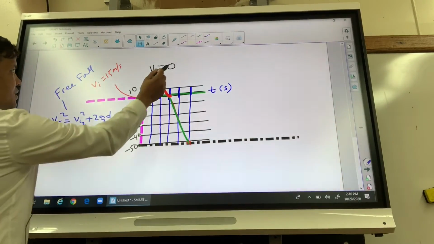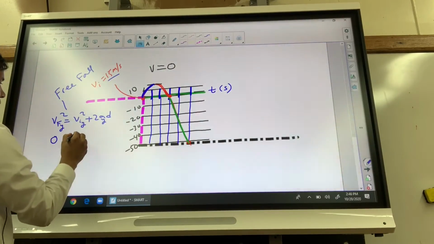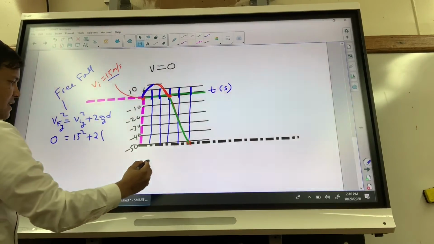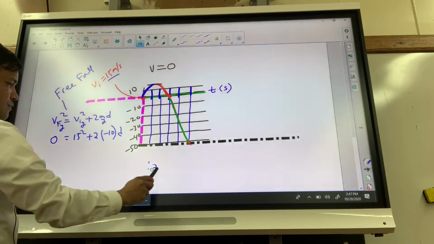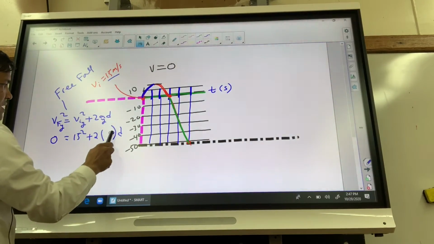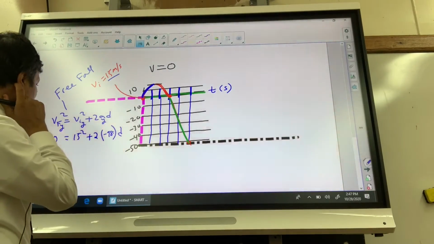So Vf is 0 and this is 15 squared plus 2 times negative 10d. Or you can use negative 9.8, it doesn't really matter. I think I can handle it without the calculator.